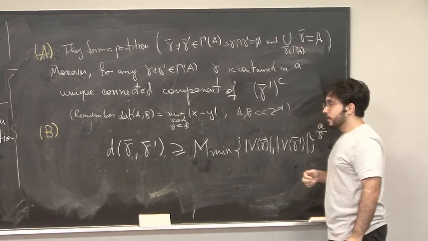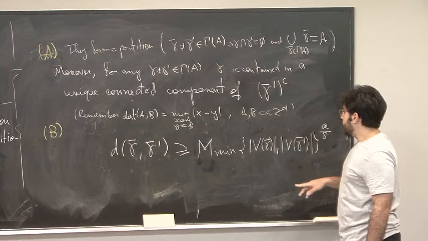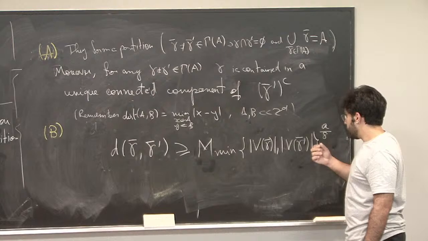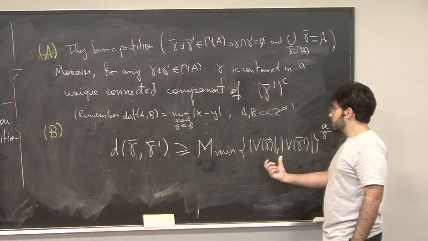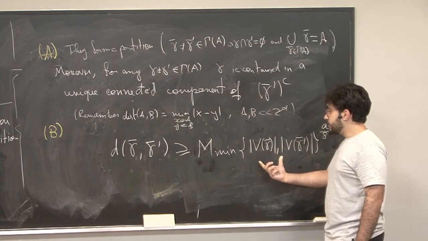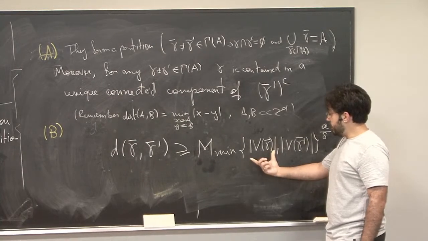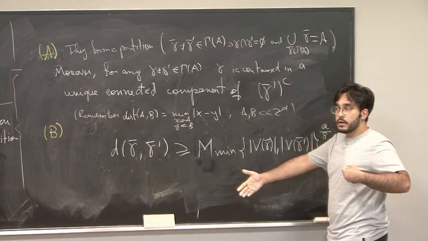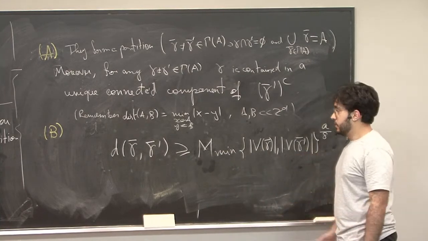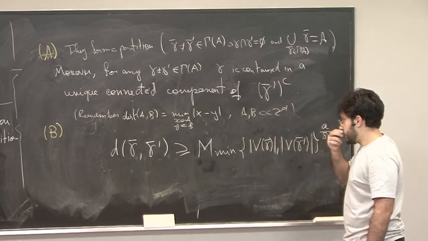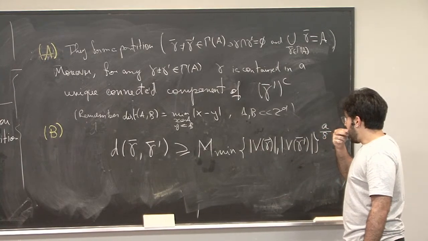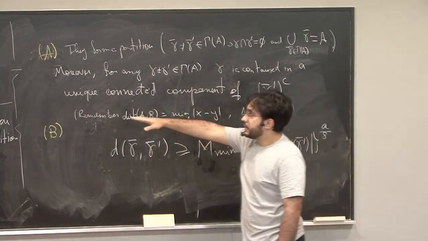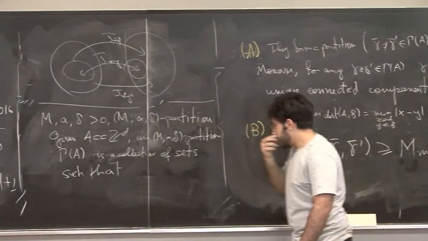So what is happening here, so you can understand, is the following: if a contour has a very large volume, it must be sufficiently separated from the rest of the elements of the partition. And this is the quantity that allows us to control the interaction between these terms right here.